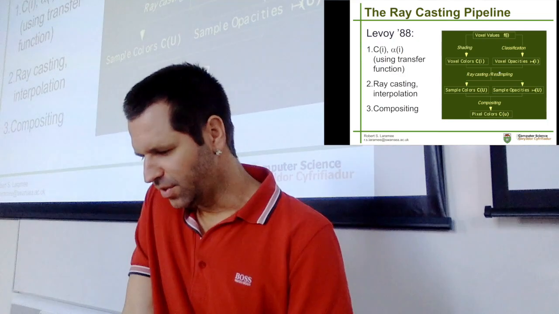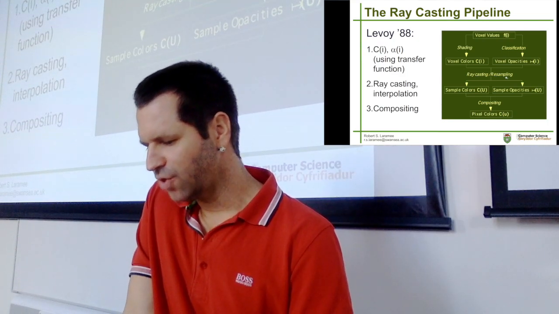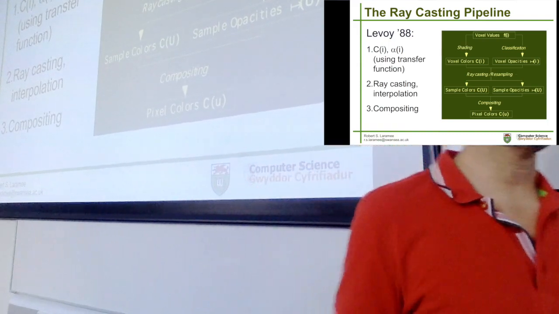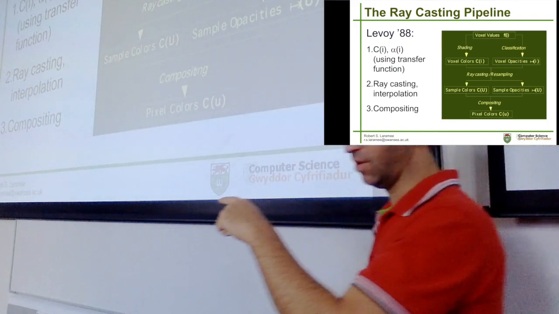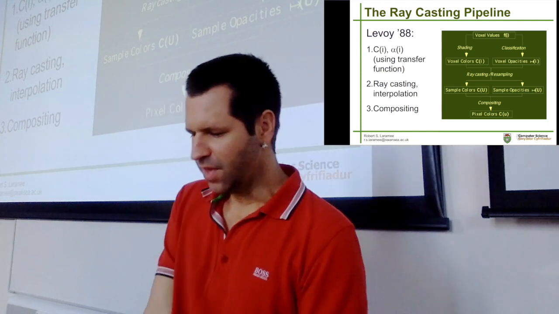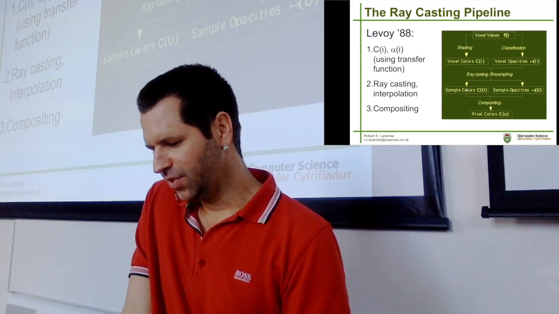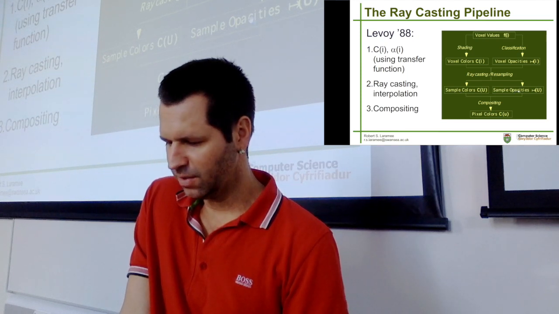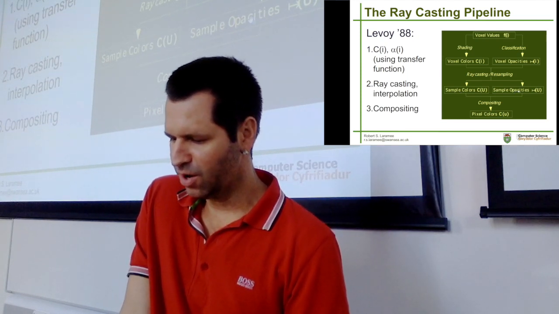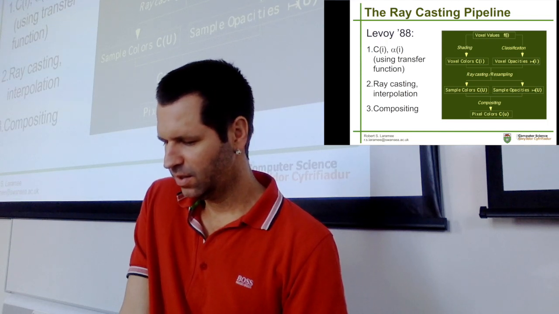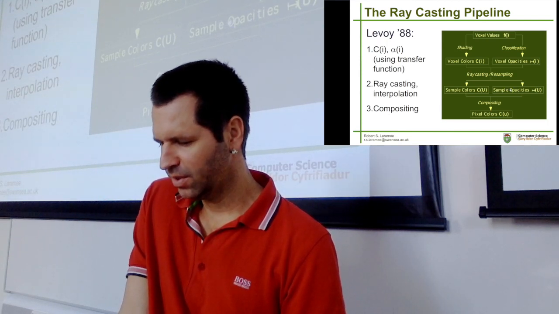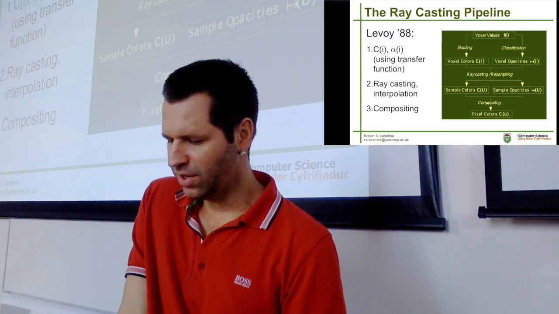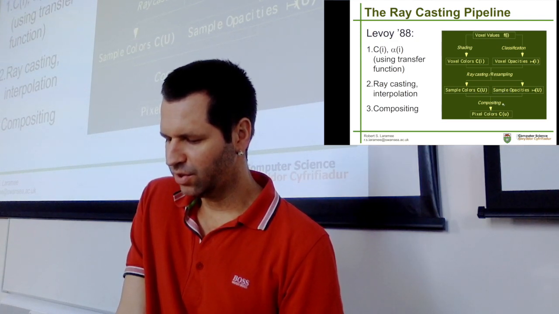And then there's a ray casting / resampling phase to the algorithm, which is when we shoot the ray into the volume. And then we output a set of sample colors and sample opacities based on our ray casting or resampling operator. And those are composited into pixel colors.